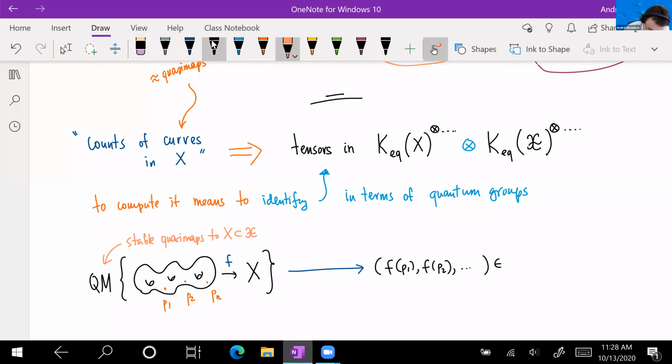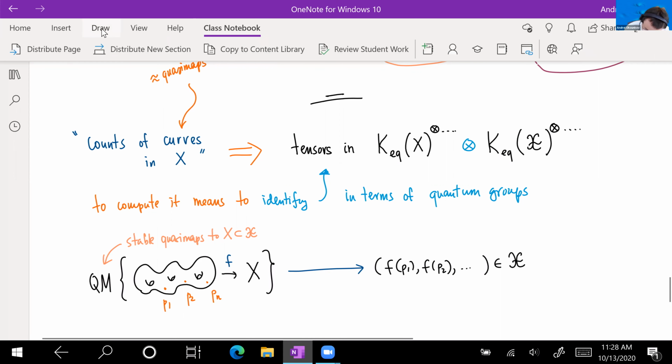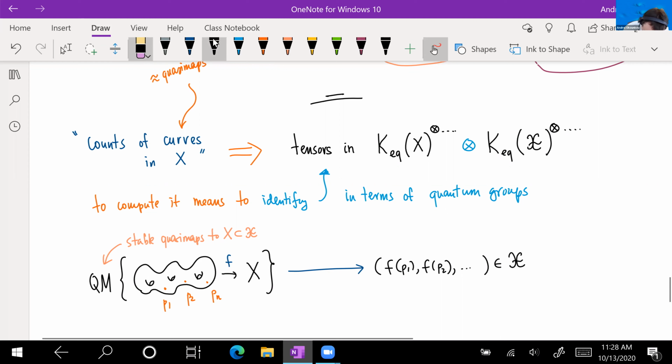So this evaluation map really goes to this stack to the power n. This would be the easiest count.